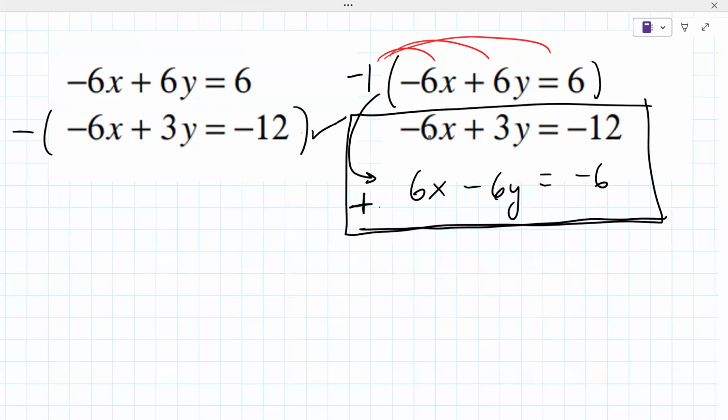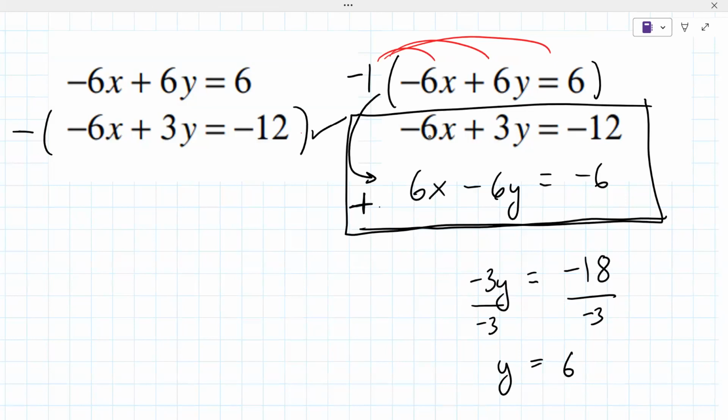Okay. So it's just nothing for the first one then. That's right. And then negative 3y equals negative 18. Divide by -3, y equals 6.